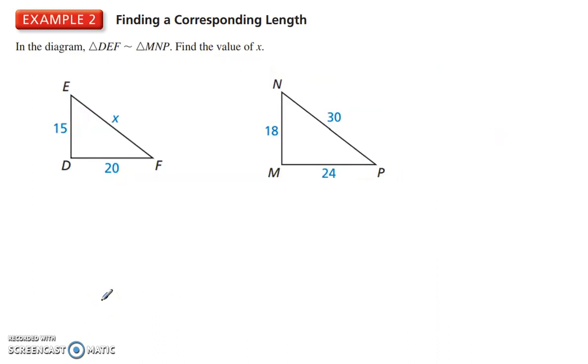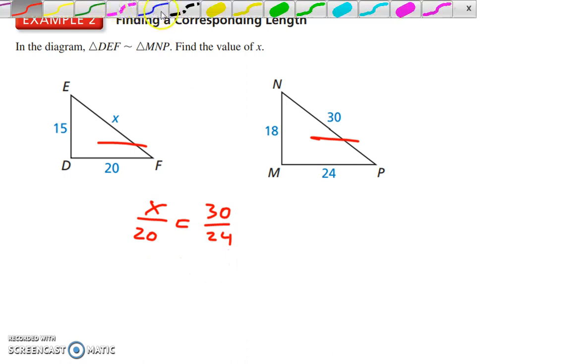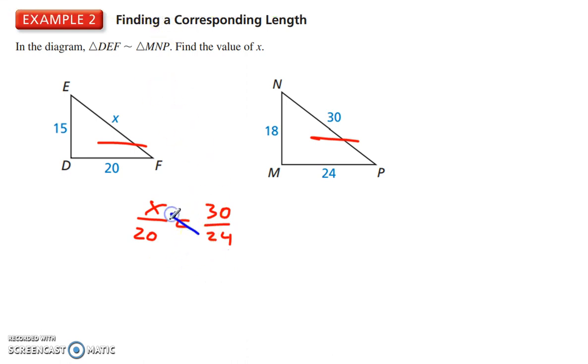All right, so we want to find a corresponding length here. The way I like to set this up is if they are the same way up and have corresponding sides in the same place, I can just make a fraction like that. So now I have x over 20 is equal to 30 over 24. Now you could cross multiply here, and we're going to do that for a moment to show you what happens.